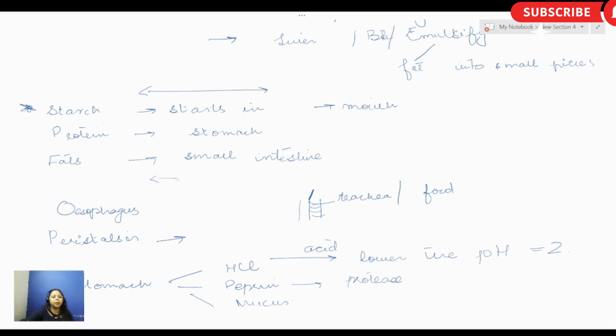Mucus is released by goblet cells. There is one case which is known as ulcer, stomach ulcer. What is stomach ulcer?